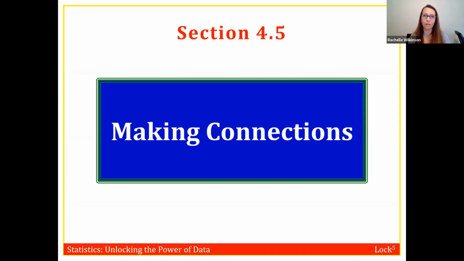The other part of section 4.5, if you read it in the textbook, talks all about how to create randomization distributions and the different methods that can be used to actually come up with them. We talked about it briefly when we introduced randomization distributions. We talked about one way of saying, if the null hypothesis was true, then here's how we could simulate taking samples in that scenario.